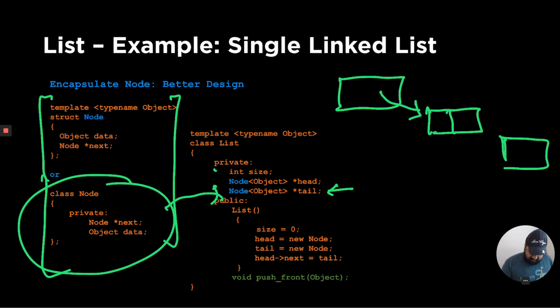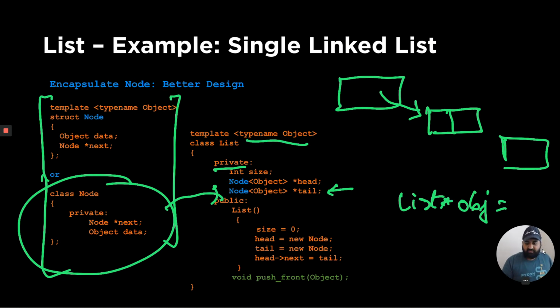Note that all of this is in the form of private data members, because we don't want users to access any location in memory. So we have made all of these variables private, meaning we have encapsulated these details, and the user will just create a new list by calling something like list obj equal to new list, and so on.